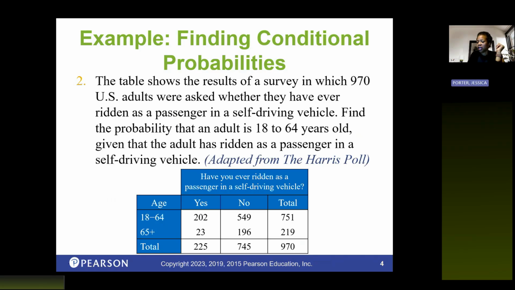All right. The table shows the results of a survey in which 970 U.S. adults were asked whether they have ever ridden as a passenger in a self-driving vehicle. Find the probability that an adult is 18 to 64 years old, given that the adult has ridden as a passenger in a self-driving vehicle.